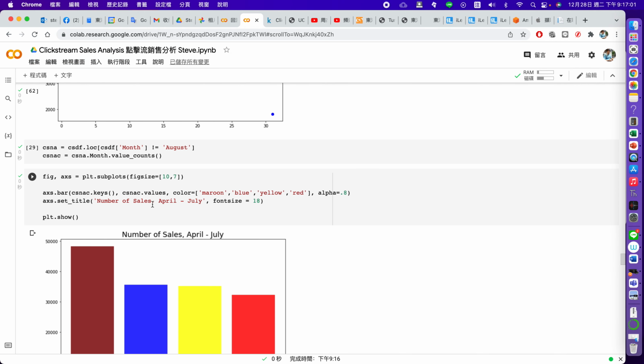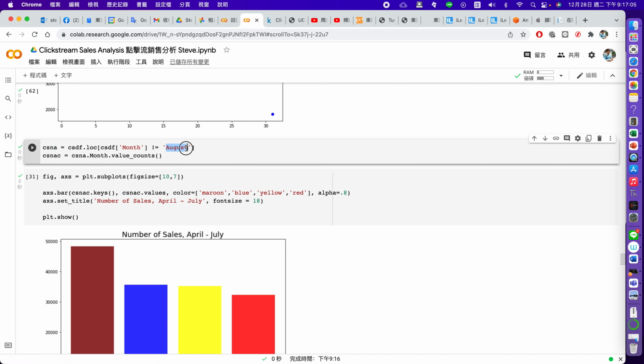Okay, so since August is not complete sales for all days, we do not include August. So we filter the month attribute with this one, not equal.